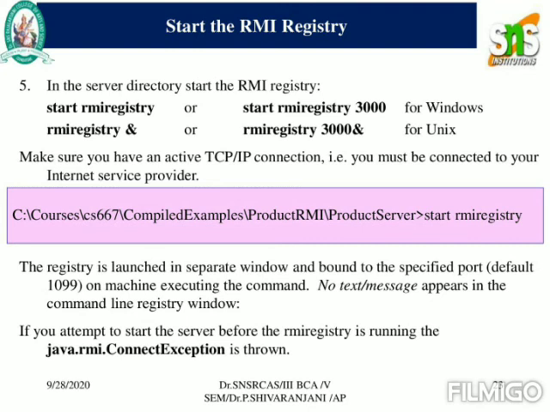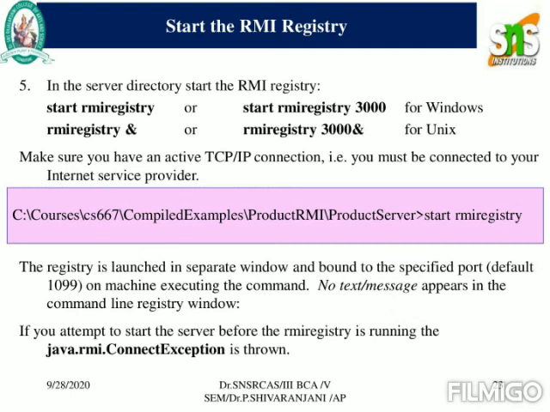Then you should also make sure that you have active TCP/IP connections. So you must connect to your internet service provider also. The registry is launched in a separate window and bound to the specific port, by default 1099, on the machine executing the command.